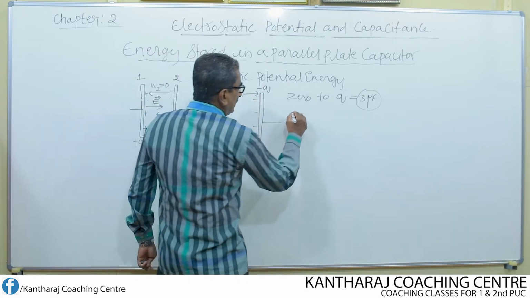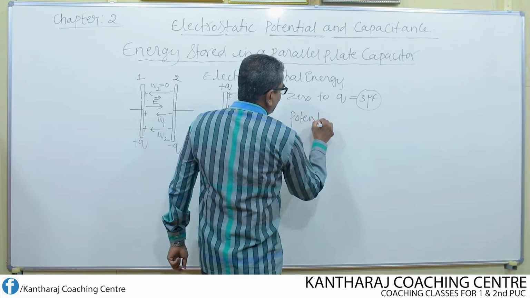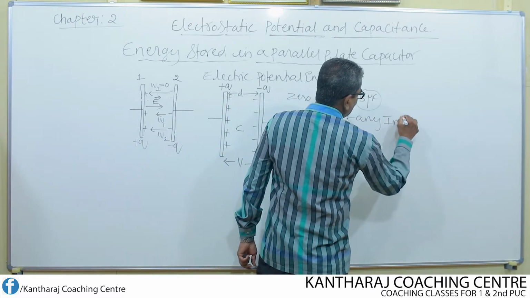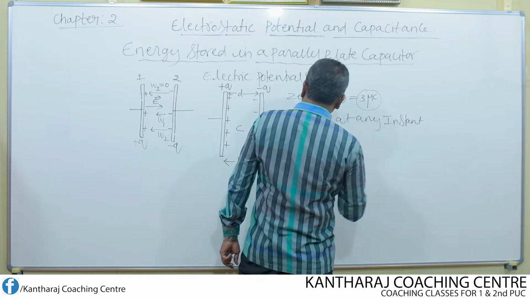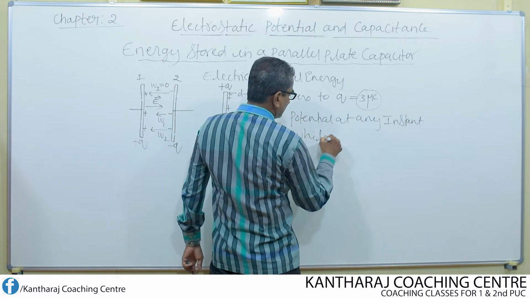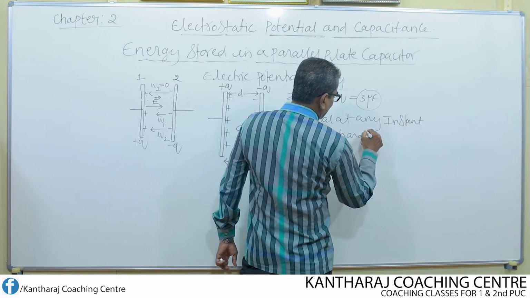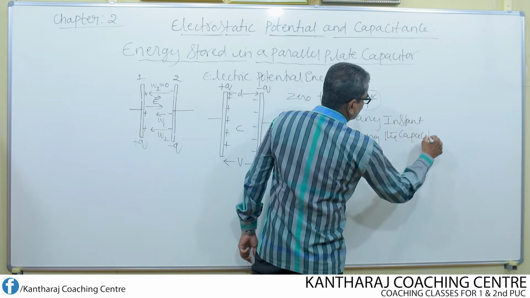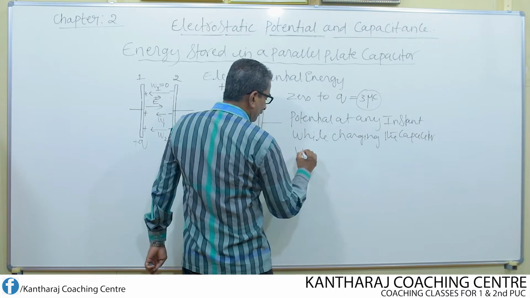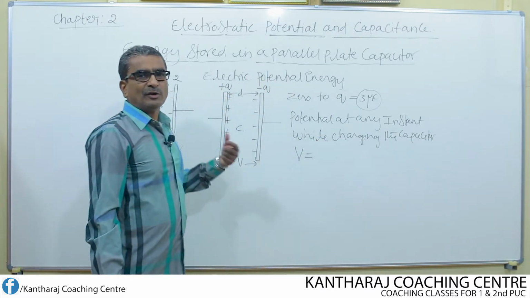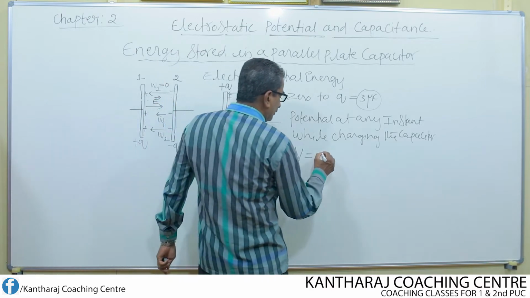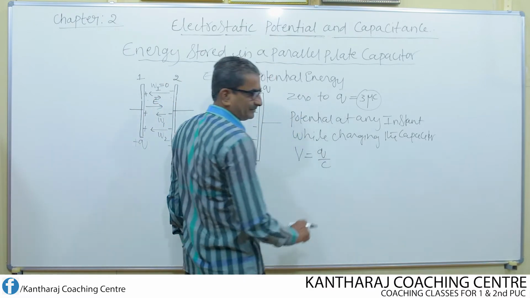So potential at any instant while charging the capacitor is given by V equal to, we know that C equal to Q by V, then V will be equal to Q by C.